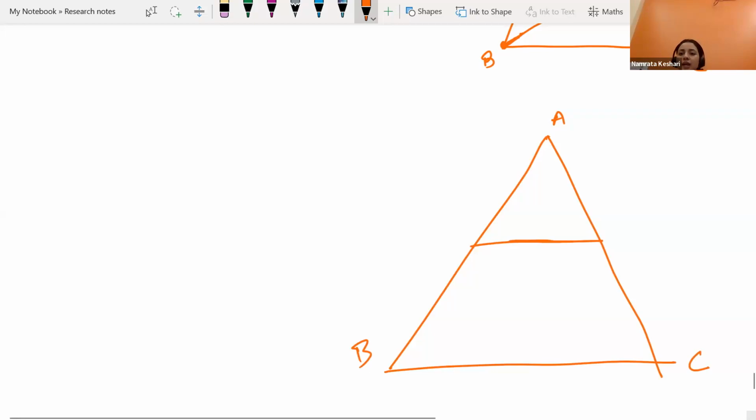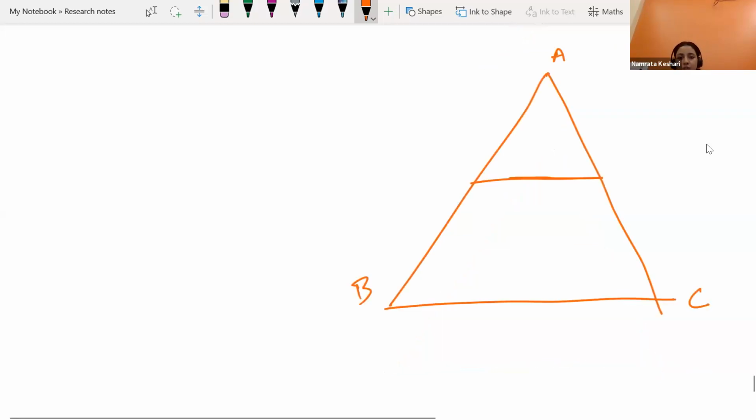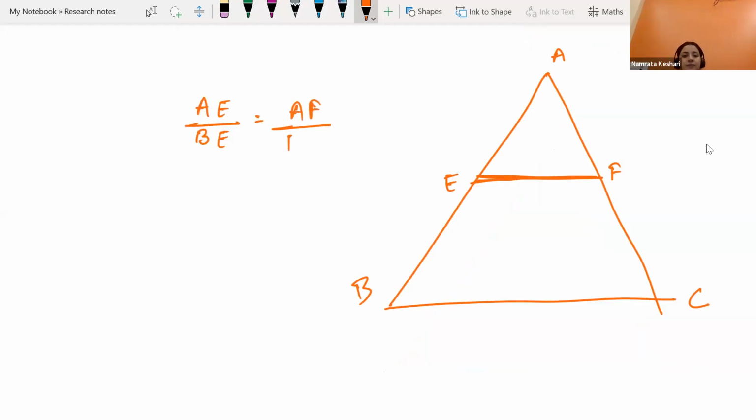Okay, so last class we were discussing that if we are having a triangle ABC, and if there is a line EF parallel to one of the sides, BC, then AE by BE will be equal to AF by FC, right? The ratios will be the same, right, Abdul? Yes, ma'am. Okay, now we want to prove it over here.